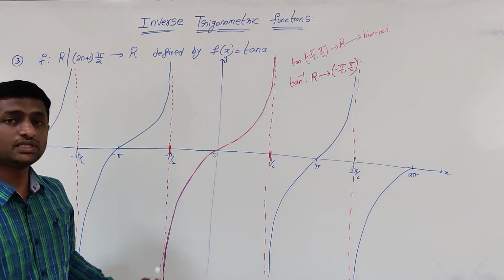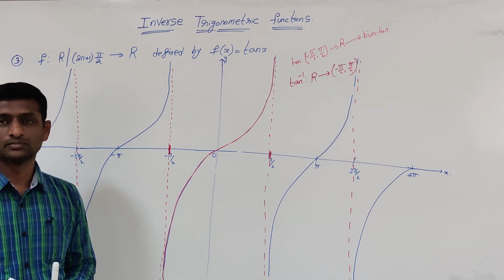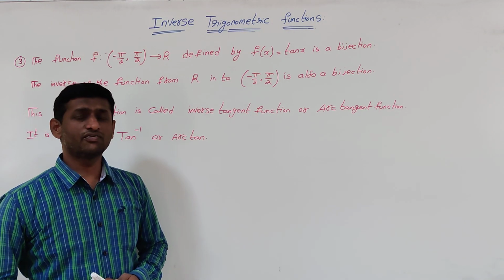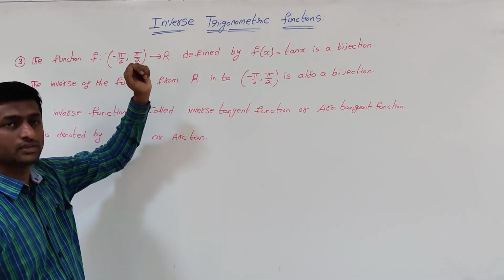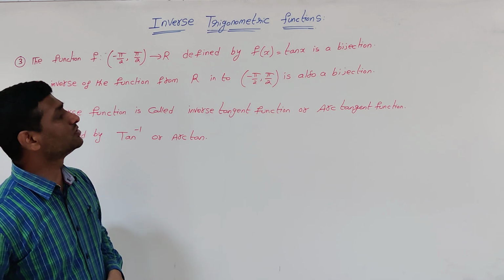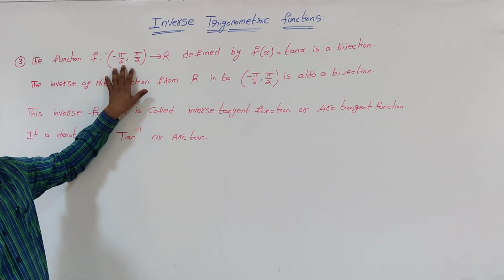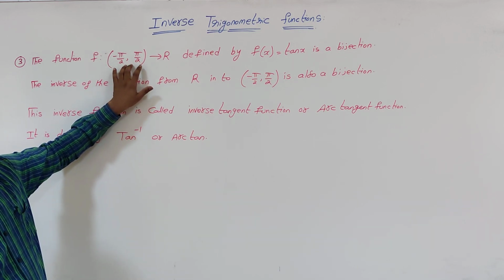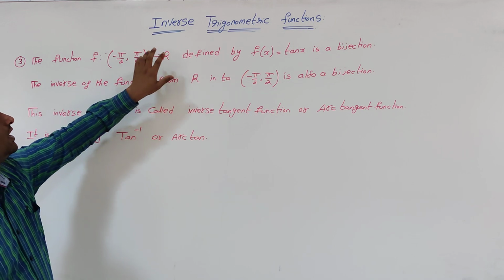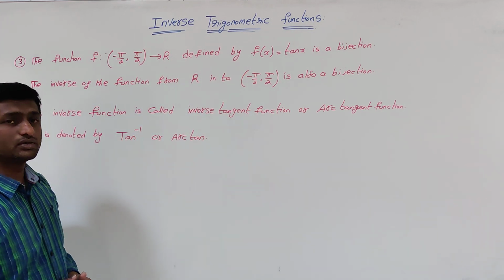Now we will see the definition in brief. The function f from the open interval minus pi by 2 comma pi by 2 to R defined by f of x equal to tan x is a bijection. So this is our restricted domain, so that every element of the domain will have a unique image in the range.